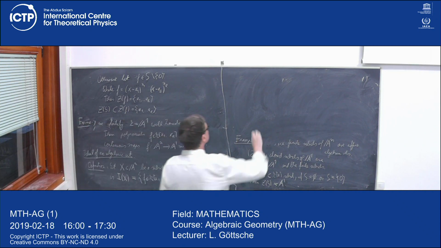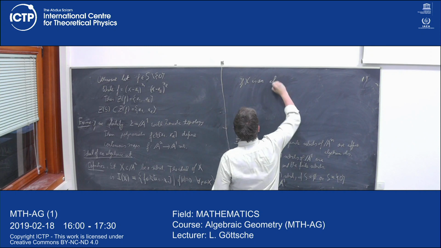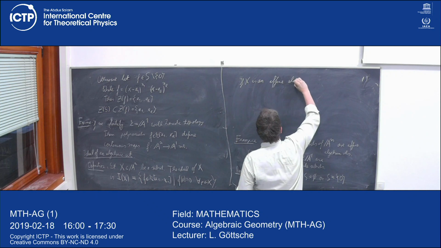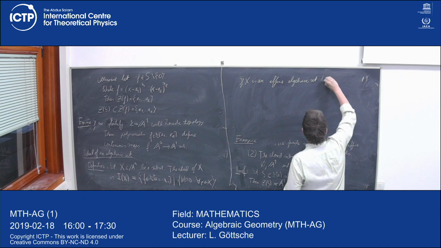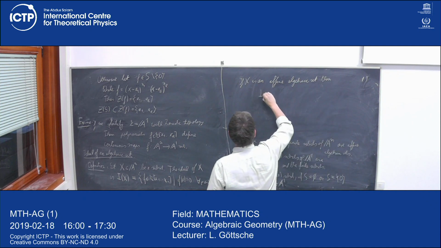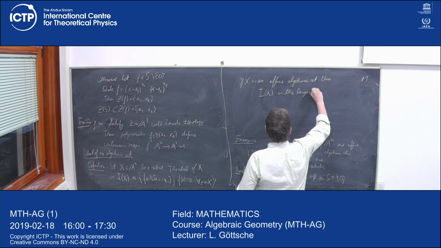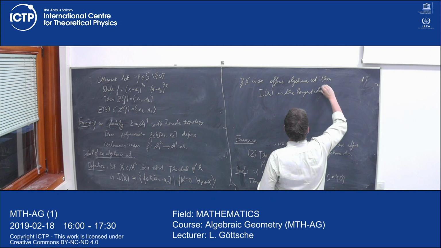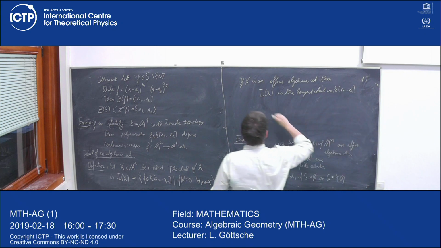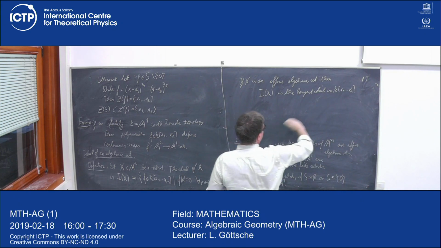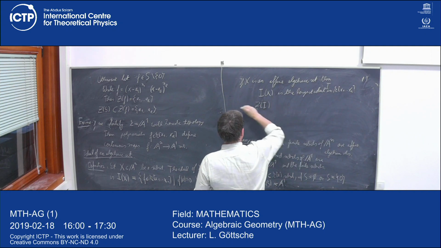Then I(X) is the largest ideal in K[x1, ..., xn] such that the zero set of I is equal to X.